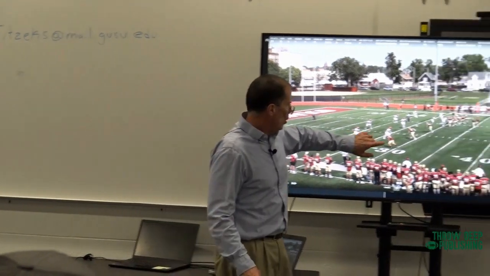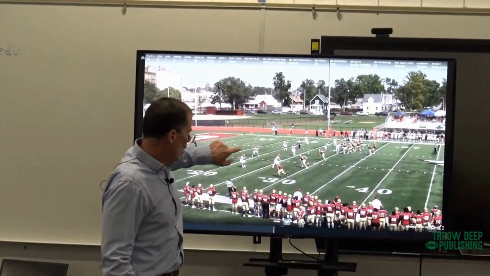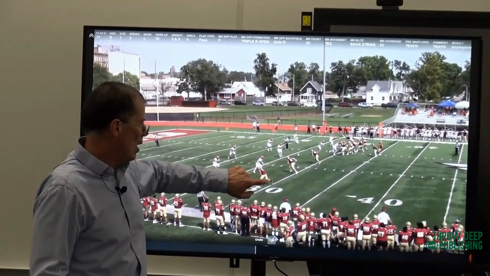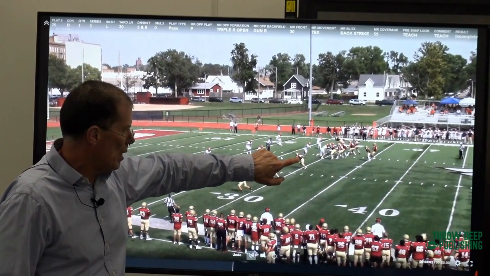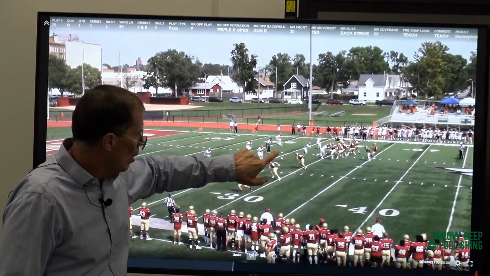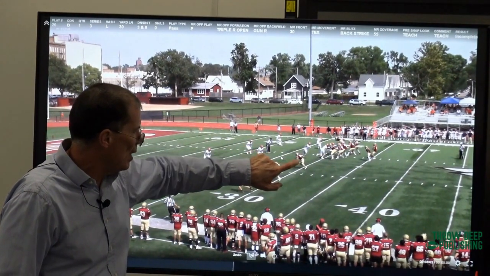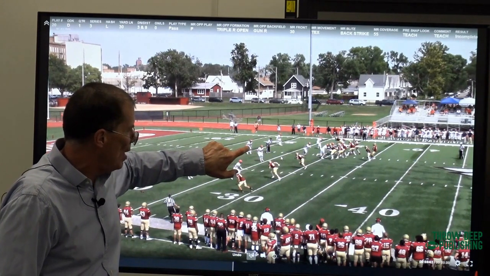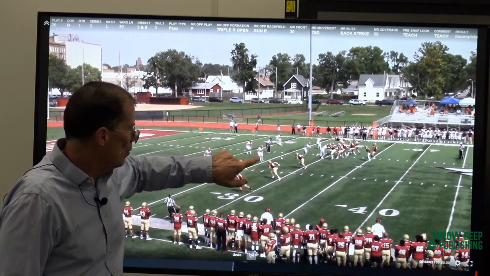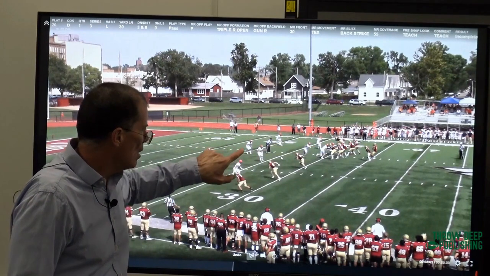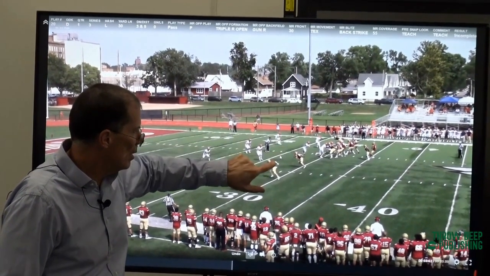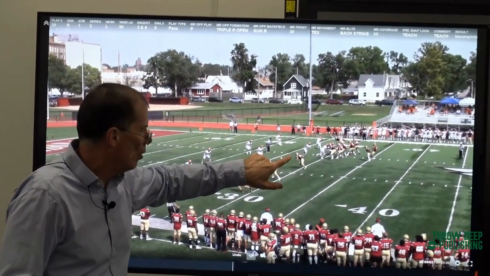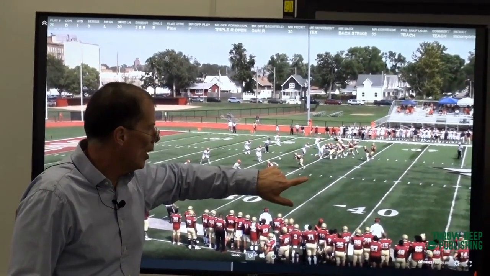We want to take away that quick hitch by number 3 with his alignment, because now we have 3 on 2 with these guys out here, and this guy is cross-keying right there. So we want to sit inside, and once he goes outside and past, he's got it. If he goes underneath, he can level off and see: does he go underneath then vertical, or shallow all the way across?